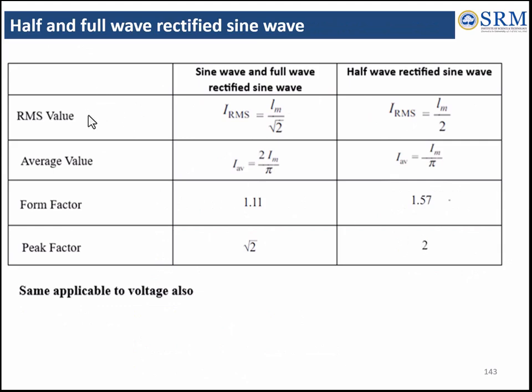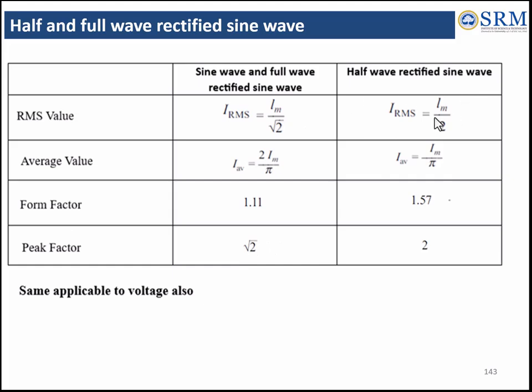Now we compare all 4 parameters of the full wave rectified sine wave and the half wave rectified sine wave. Actually, the full wave rectified sine wave and the sine wave both have similar results. RMS value is Im by root 2, average value is 2 Im by pi, form factor is 1.11, and peak factor is root 2.